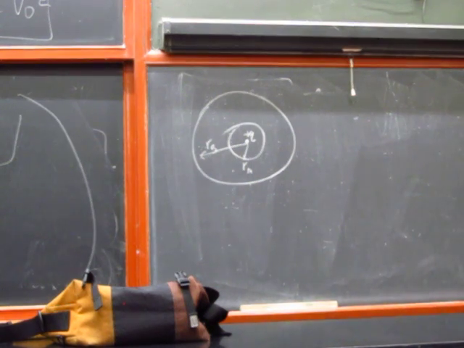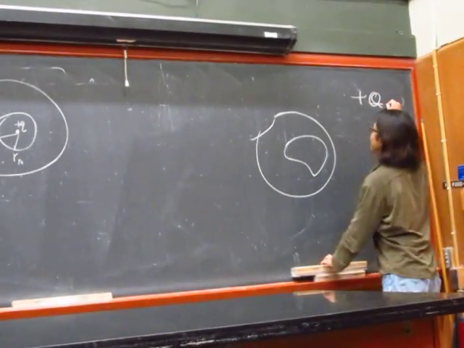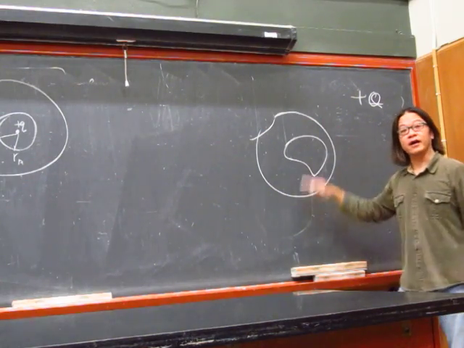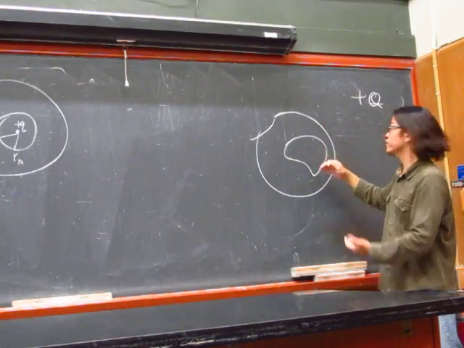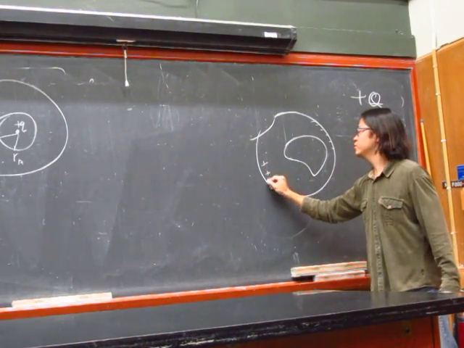By the way, while you think about it, if I have a cavity, any cavity, and I leave plus Q outside, it will polarize the conductor. Charges are free to move, so minus signs will move here and plus signs will move over here maybe.